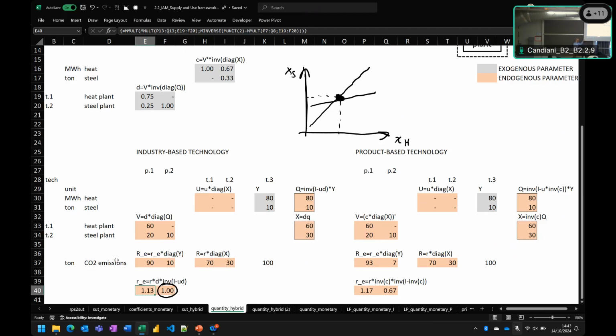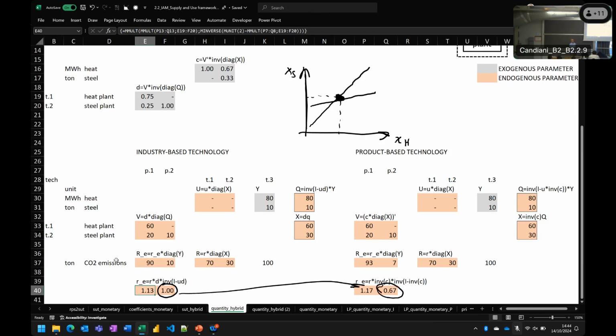These numbers are completely not real, of course, just for the example purpose. But here we have a 1, and why do we have 0.67 here, in your opinion? Why is this number so small compared to the previous one? This, of course, depends on our assumptions. But why? Try to recall the example.